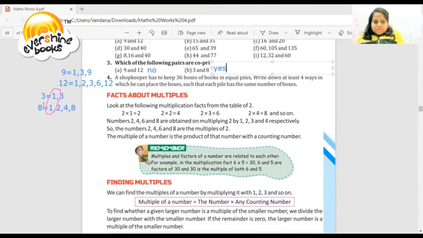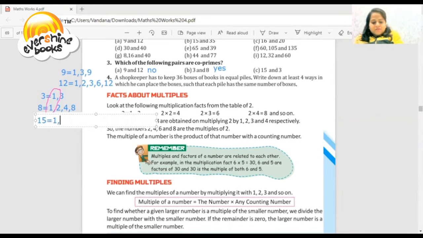Okay, got it? Now students, come to this 15 and 3. So write here number 15, and factors of 15 are 1, 3, 5, and the last one is 15. Now 3.